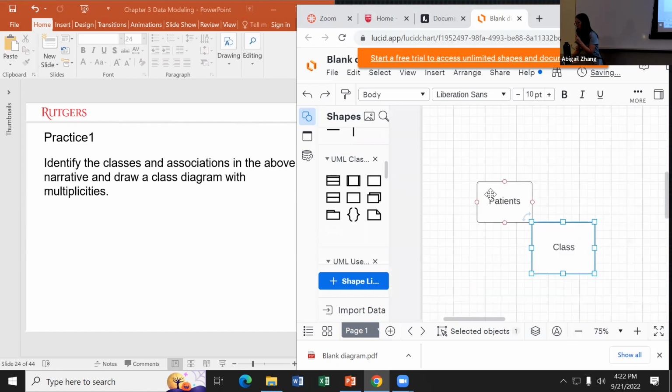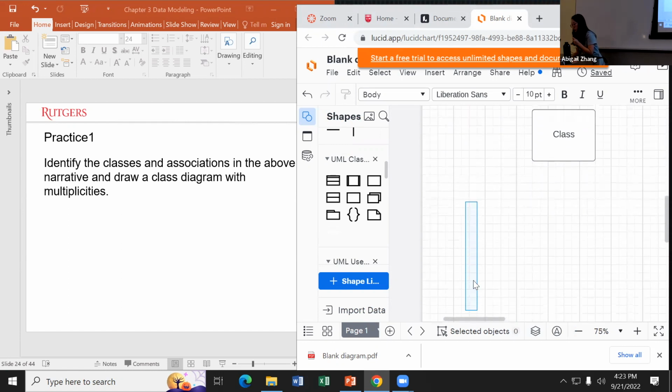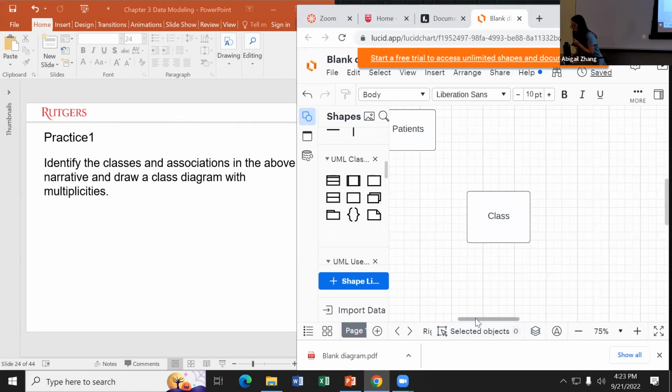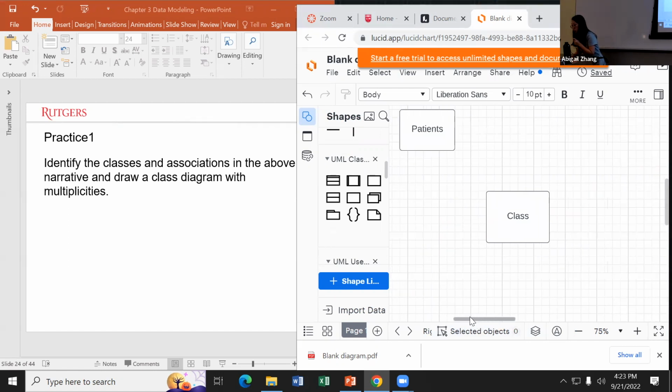Make it smaller. Can you guys see that? Okay, that's not too bad. Okay, patients and also tests. So to avoid any confusion later, yes, a little. Okay, we'll get to that, yeah, that's a good point. And hold on. To avoid any confusion later, I will just say types of tests, because I don't want to confuse it with any individual test.